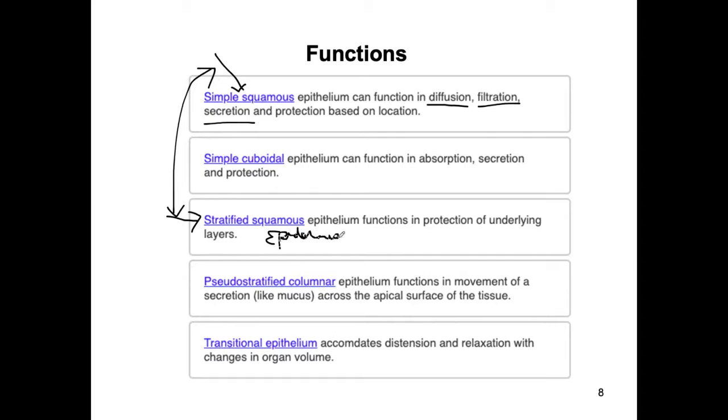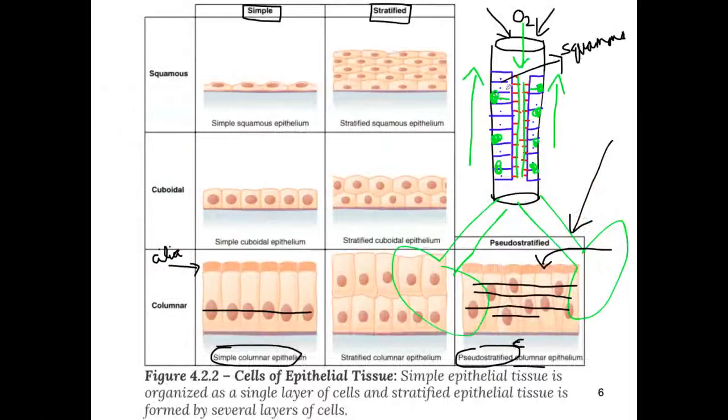When we think of the epidermis, we think of protection, to protect the underlying layers. When we have, oh, we just did this one before, right? Pseudostratified columnar. This is going to function in the movement of secretion like mucus across the apical surface, because here is the pseudostratified ciliated columnar epithelium, and those goblet cells are going to secrete mucus. So there you go.